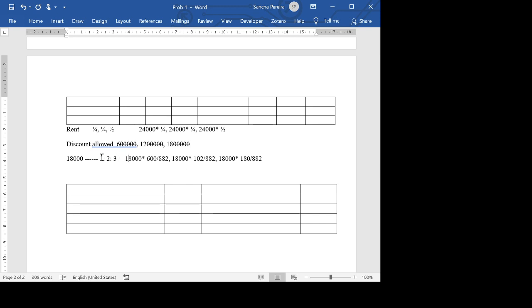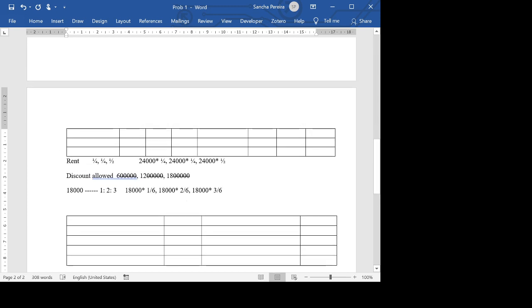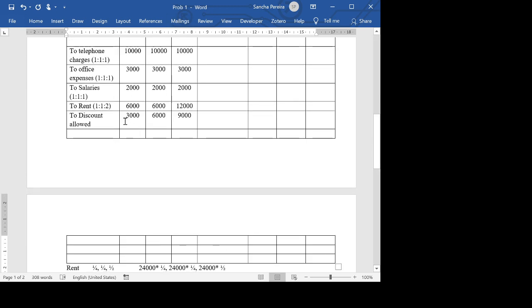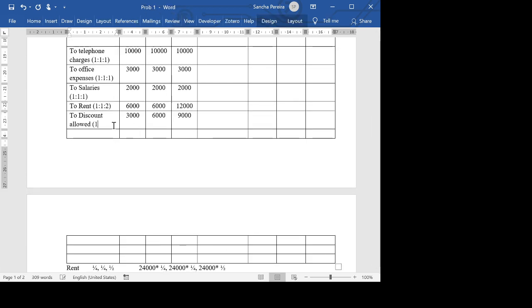So it's 18,000 into 1 divided by 6, 18,000 into 2 divided by 6 and 18,000 into 3 divided by 6. The amounts here are correct. The ratio is basically 1 is to 2 is to 3. Sorry about that, I got the figures in the question wrong.